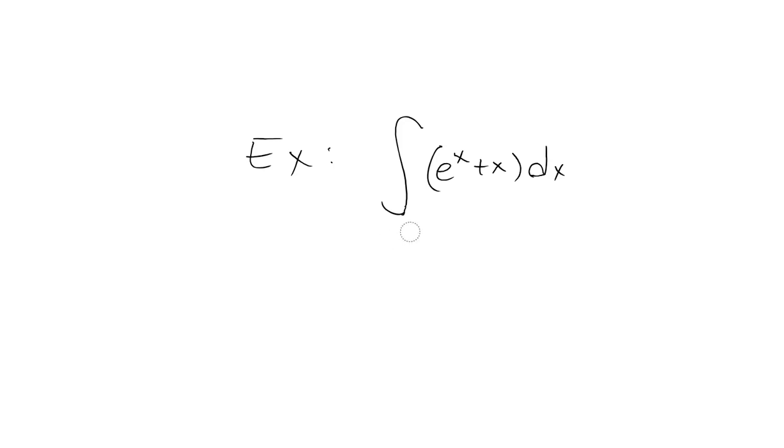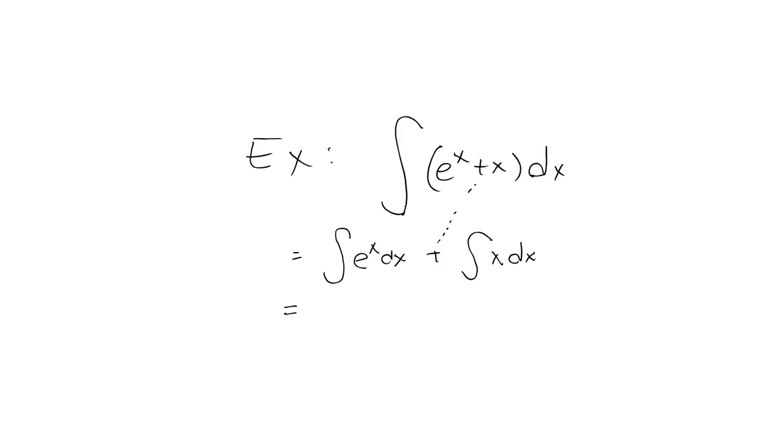This next example is the integral of e to the x plus x dx. And what we notice about this example is having a plus. What we can do is apply a sum and difference property, and we can apply our integral to the first term and apply our integral to the second term separately, and notice that I've added these two integrals together because of the addition sign inside the integral.